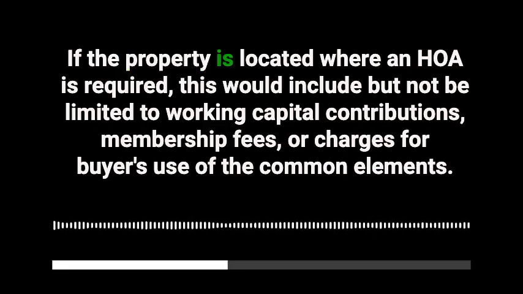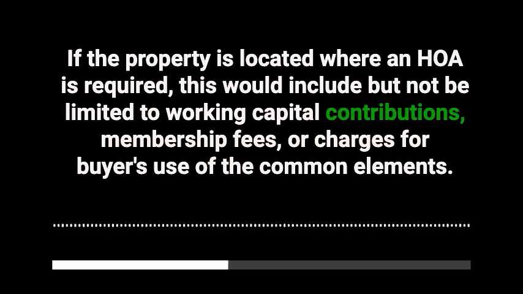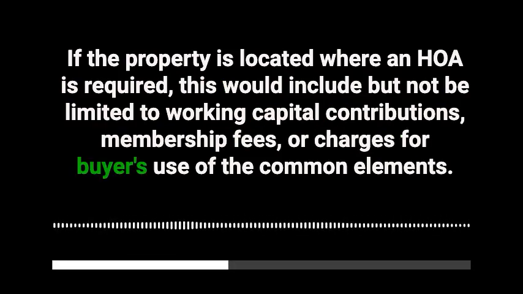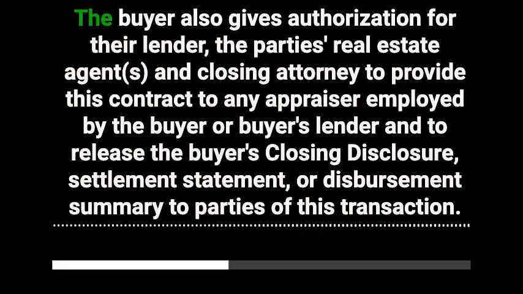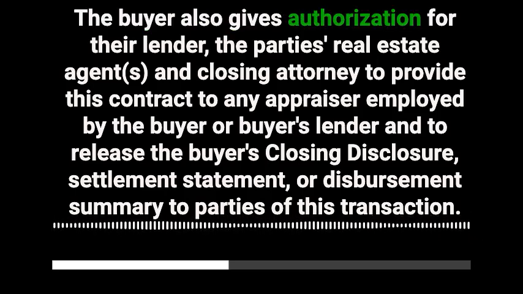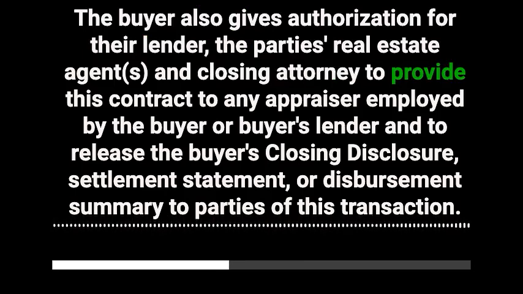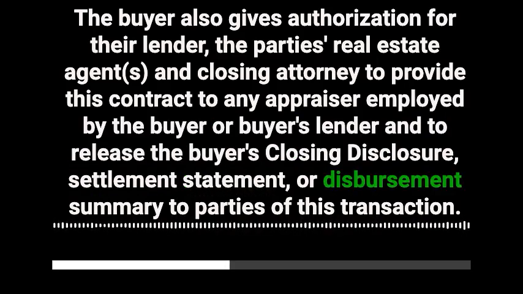If the property is located where an HOA is required, this would include but not be limited to working capital contributions, membership fees, or charges for buyer's use of the common elements. The buyer also gives authorization for their lender, the party's real estate agent and closing attorney, to provide this contract to any appraiser employed by the buyer or buyer's lender and to release the buyer's closing disclosure, settlement statement, or disbursement summary to parties of this transaction.